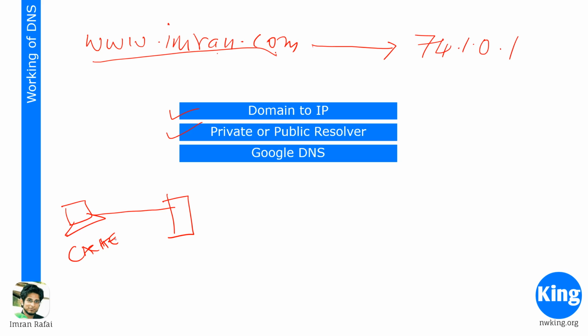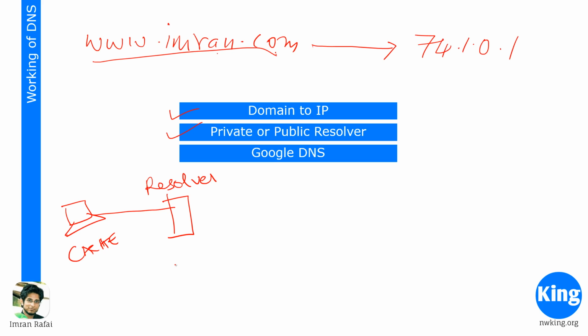If it says, okay, I can't find anything in my cache, it's going to send the request to the resolver. This is called a resolver. Now the resolver again is going to look into its cache and say, okay, imran.com, I don't know anything about imran.com because I have not gone to imran.com earlier, so I don't have any information about the server for imran.com.